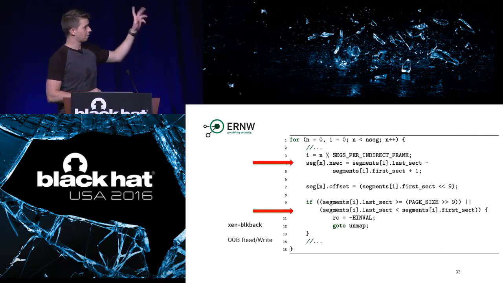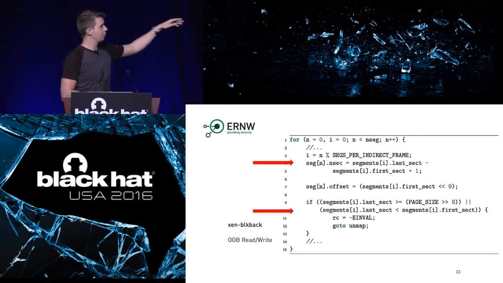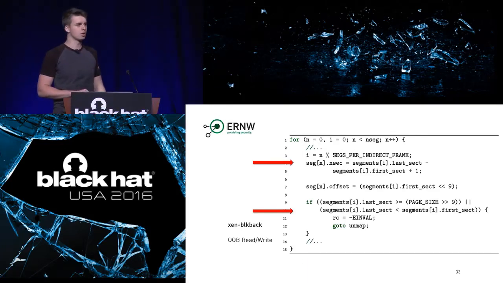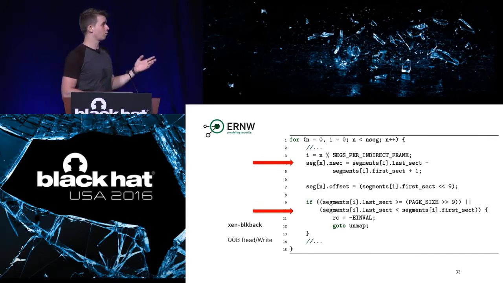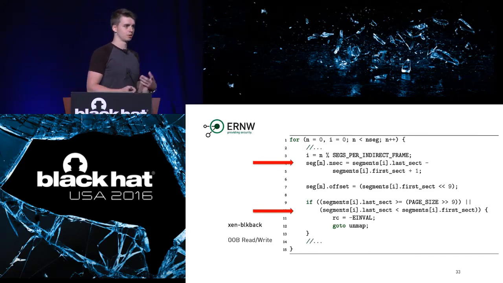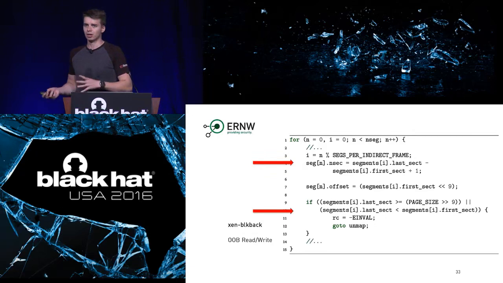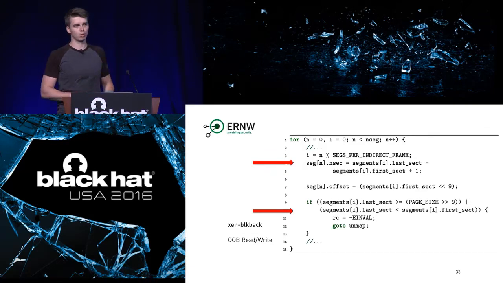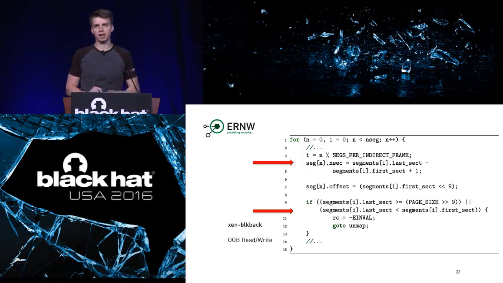If you can flip the values between this assignment and this highlighted if condition, then you can trigger out-of-bound read and write vulnerabilities using the blockback interface in Xen. So if you want to exploit this in the real world, this is the most interesting one, because the blockback interface of Xen is widely used.